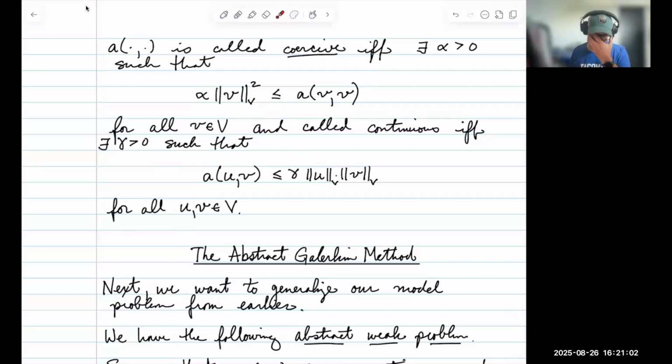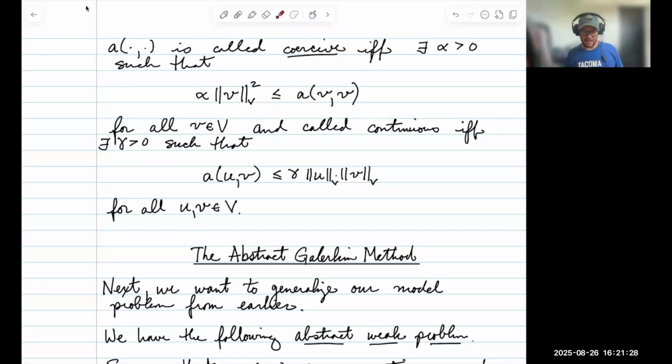We need a little bit more information. We say that A is coercive if and only if there exists a constant alpha greater than 0 such that A(v, v) is greater than alpha times the norm of v squared for all v.